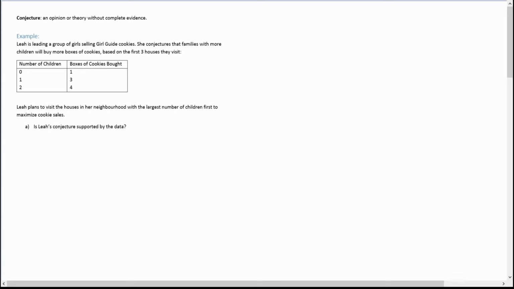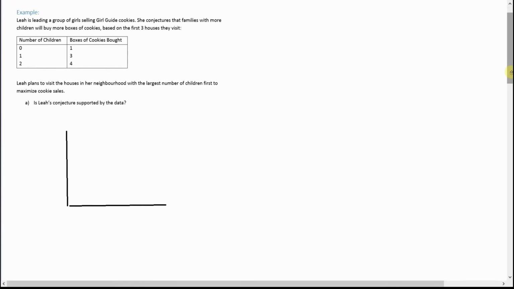Okay, so there's really only 3 data points here, but let's have a look and see. So let's make a quick scatter plot. I don't think we even really need to because there's not too much data. Okay, so let's say the number of children is the independent variable: 0, 1, 2, 3.